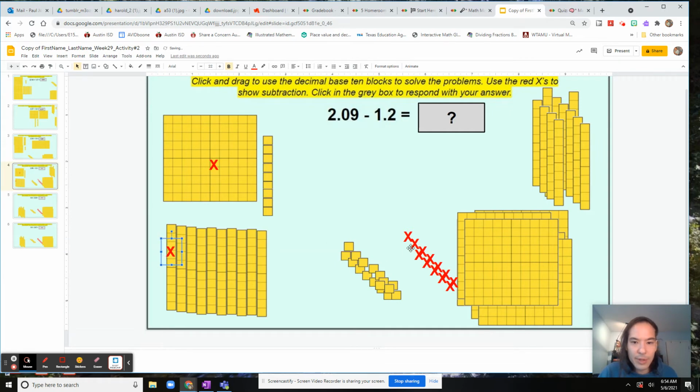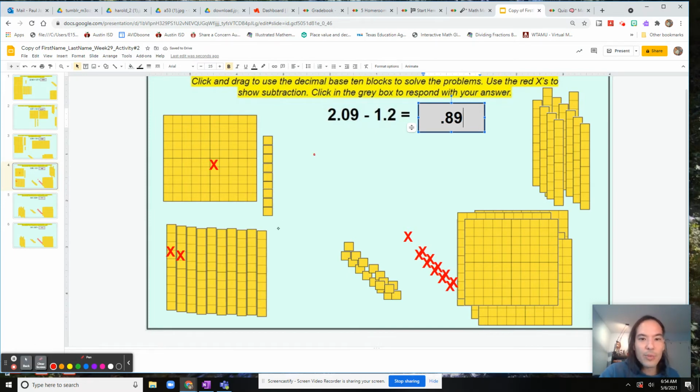All right, let's scoot that over a little bit. Take away 2 tenths. All right, so let's count what we have left over. This is gone. These two are gone. So we have 1, 2, 3, 4, 5, 6, 7, 8 tenths. And 1, 2, 3, 4, 5, 6, 7, 8, 9 hundredths. So if we have 8 tenths and 9 hundredths, it should look like that. Let's practice.